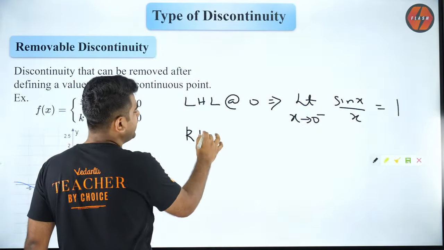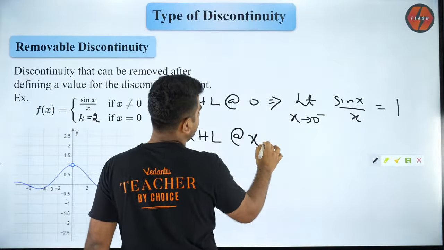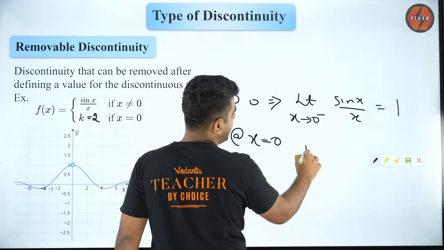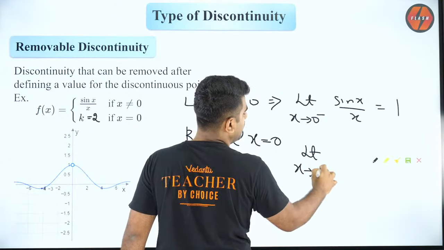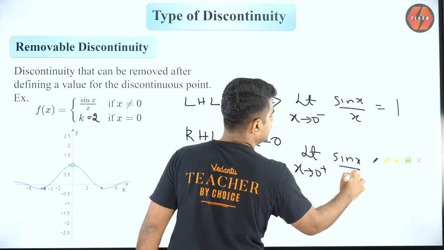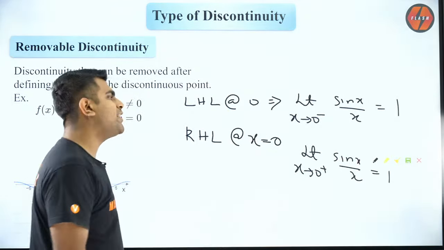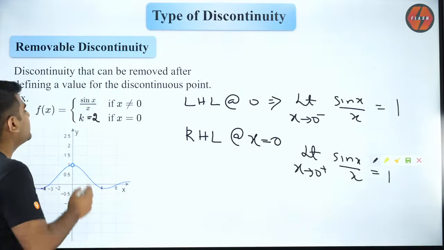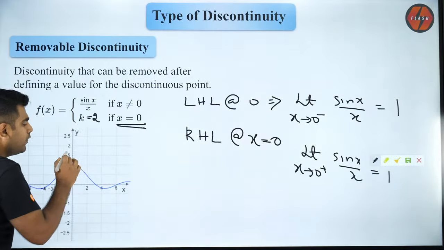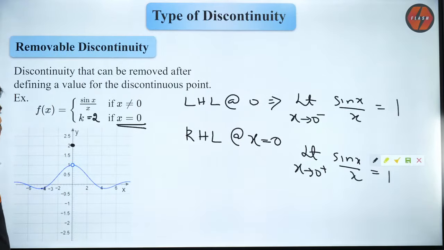Similarly, right hand limit, x tending to 0 plus sin x by x. So left hand limit is 1, right hand limit is 1. But functional value at 0 is 2.